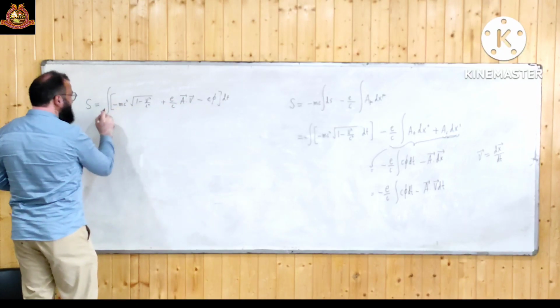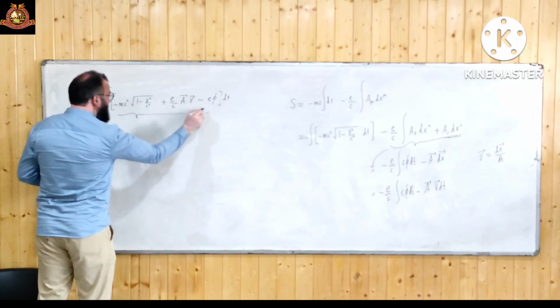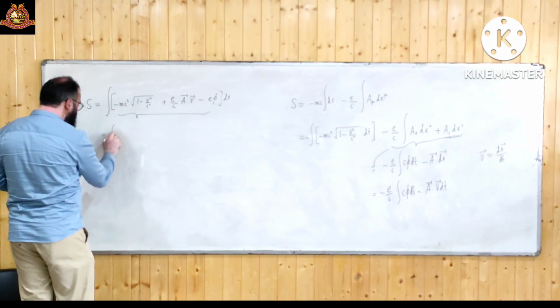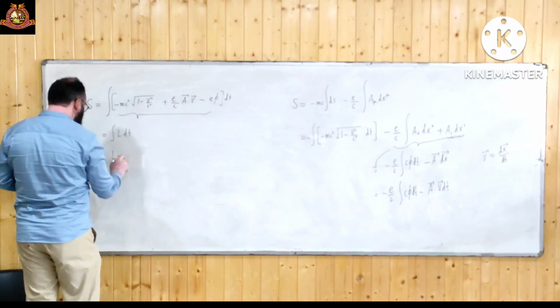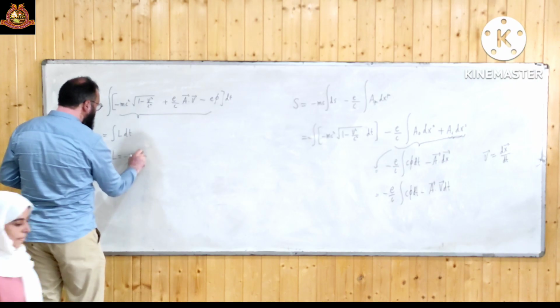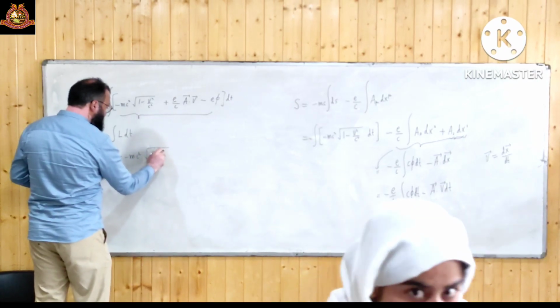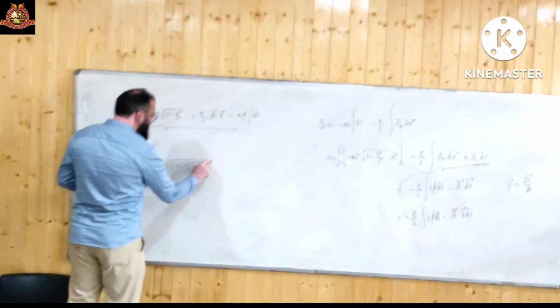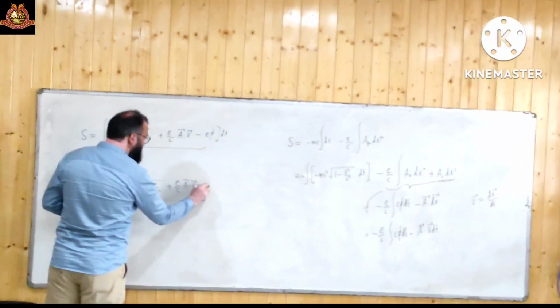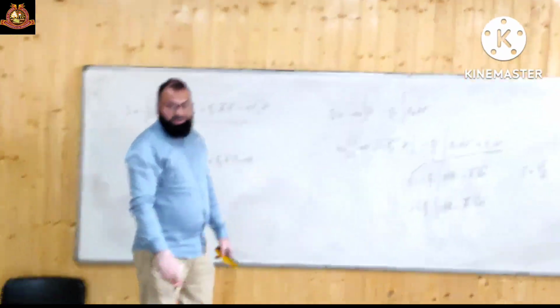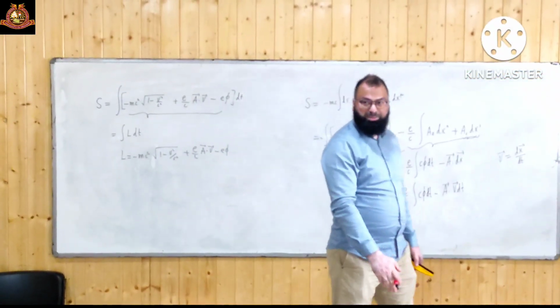So this is the Lagrangian, okay, so this is equal to integral L dt. So what is our Lagrangian? L equals minus mc square root of 1 minus v square by c square plus e by c A dot v. So this is the Lagrangian for a particle coupled to an electromagnetic field.